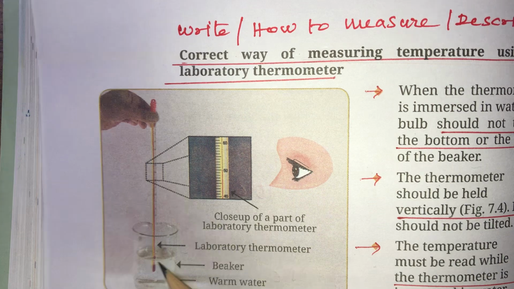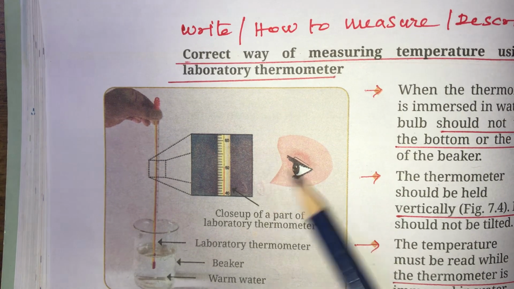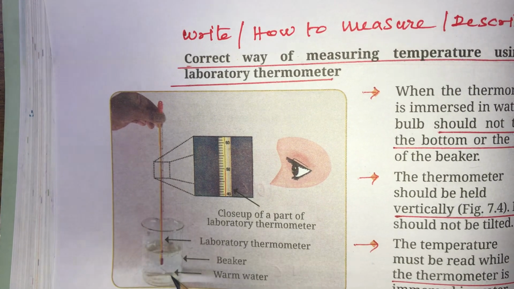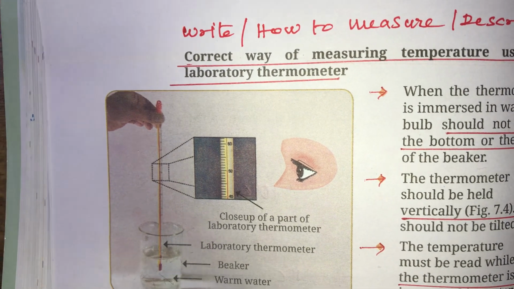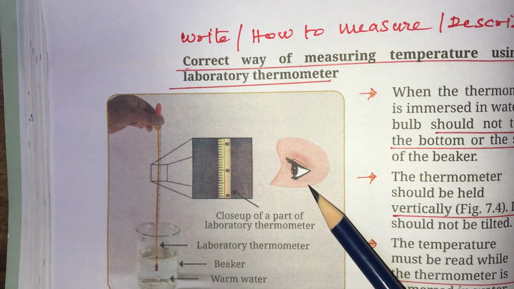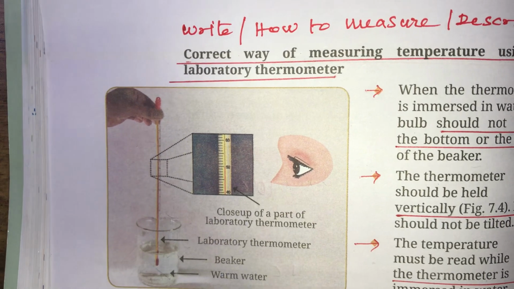You have to take the measurement with the thermometer over the liquid, not outside it. Over the liquid we take the measurement, and thereby it will give the correct temperature. Next, your eye should coincide correctly with the measurement value taken, and thereby it will give the correct measurement.